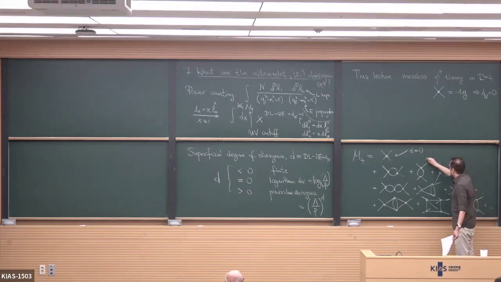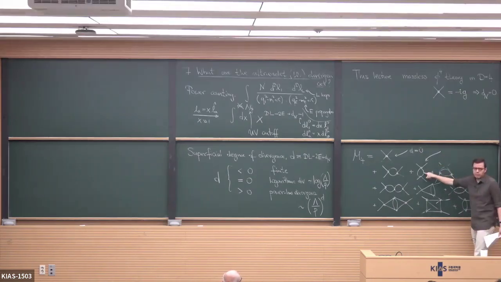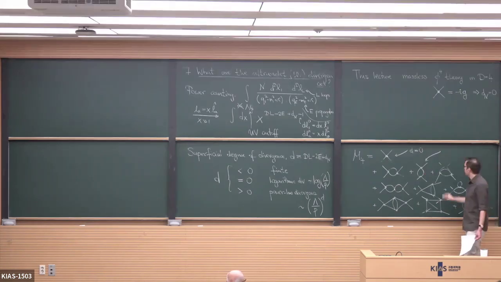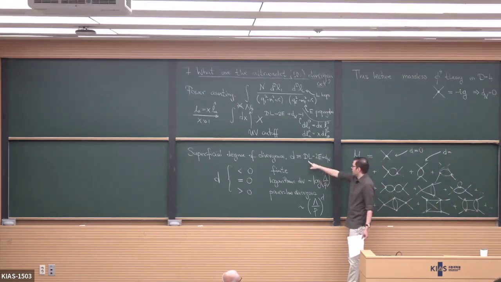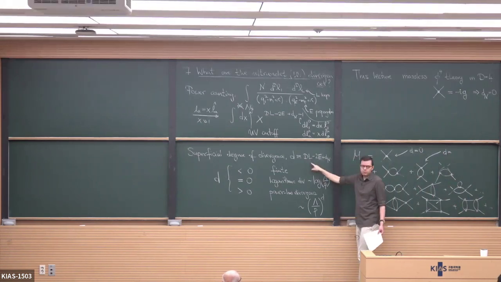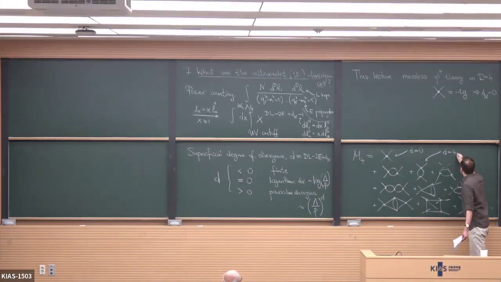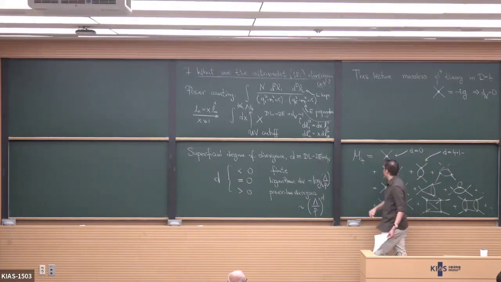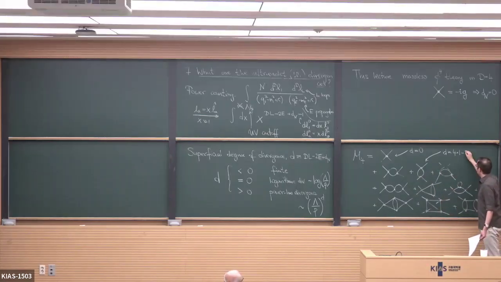Let's look at any other diagram. Let's say this T-channel bubble in here. In this case, D is equal to what? Well, it's going to be equal to space-time dimension 4 times 1 minus twice the number of internal edges, so that's 2.